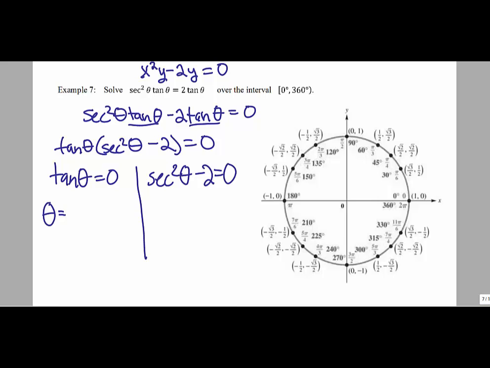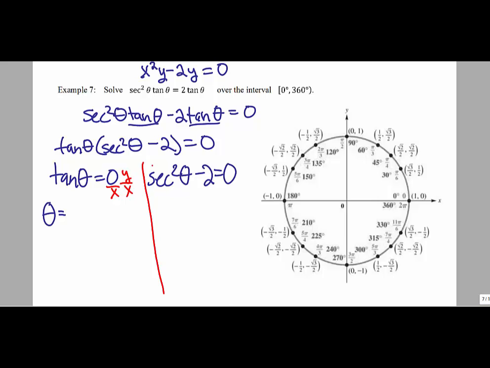Well, remember that tangent is y over x. In order for that fraction to be 0, what would have to be 0? Well, in order for y over x to turn out to be 0, it doesn't really matter what the x value is. We're looking at something that has a y value of 0.